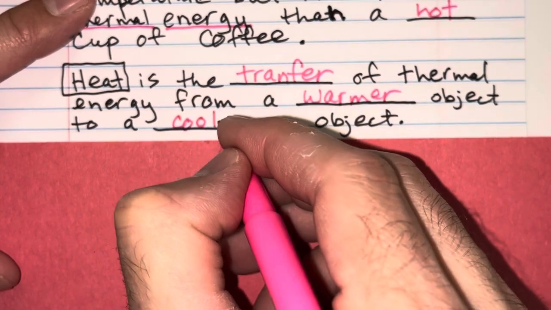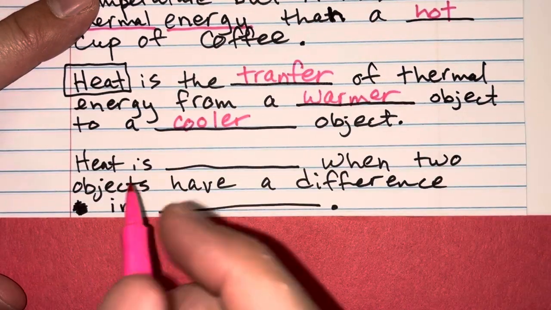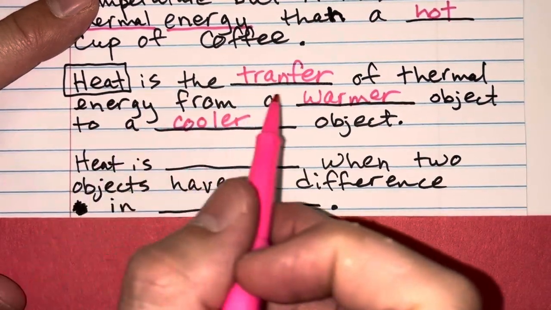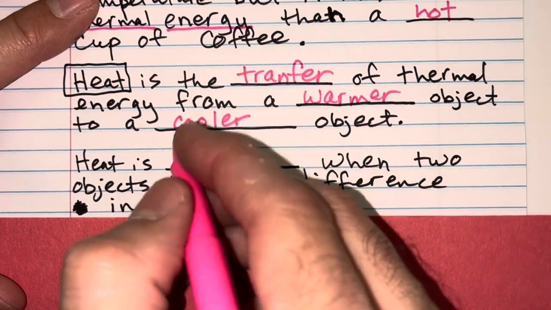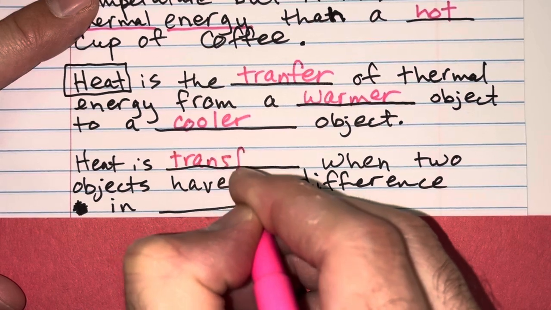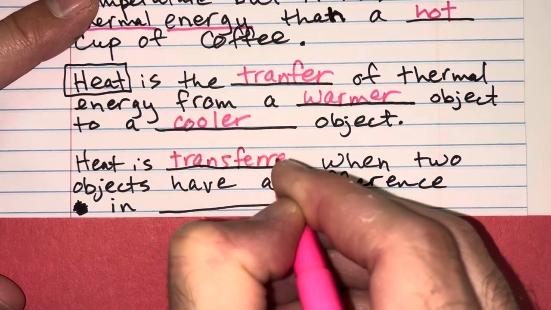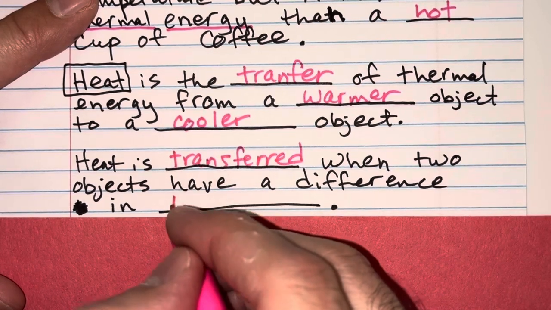Cooler or colder. And then heat is the transfer of thermal energy from a warmer object to a cooler object, and heat is transferred only when two objects have a difference in temperature.